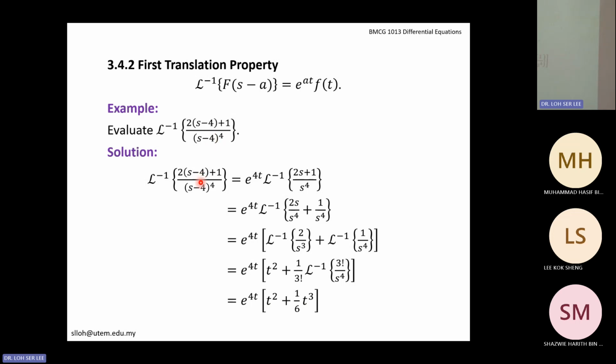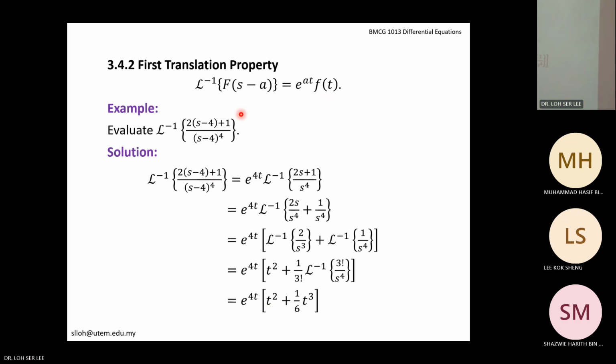So we can start to take out the a. If you take out the a, then you have e to the at times the inverse Laplace of F(s), and the inverse Laplace of F(s) is f(t). This is how we do the inverse Laplace using the first translation property.